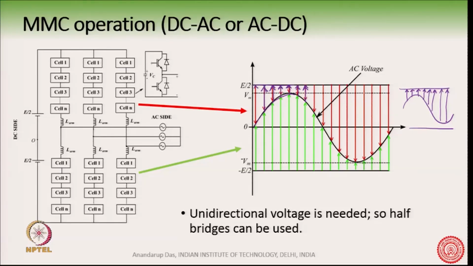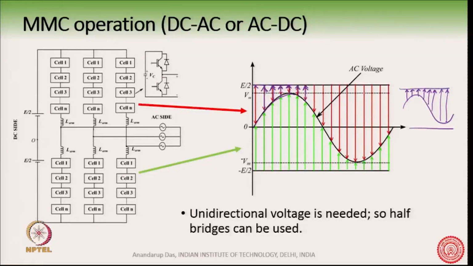So, what I want to say is that by change of the control logic, the same converter can be used for AC to DC conversion or DC to AC conversion, as we can see from the graph.